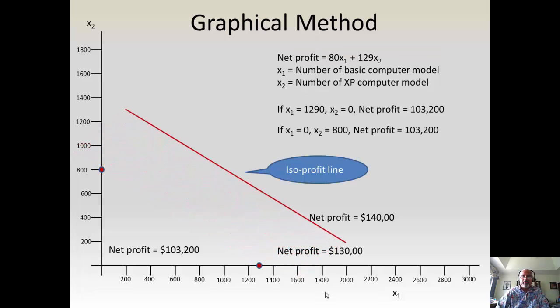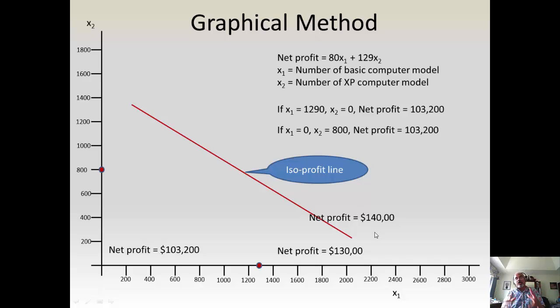As you go up, the profit will increase from 103 to 130, 140, but along the line, for various different combinations of values of x sub 1 and x sub 2, the profit will remain the same. But of course this profit line cannot be pushed without limit. There are some constraints that we have to take into account.